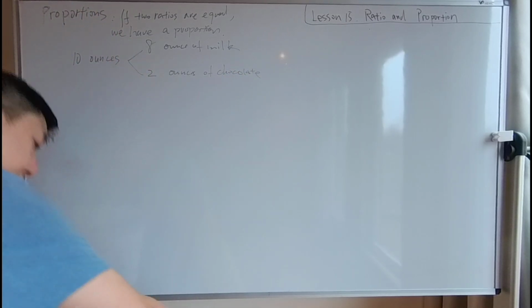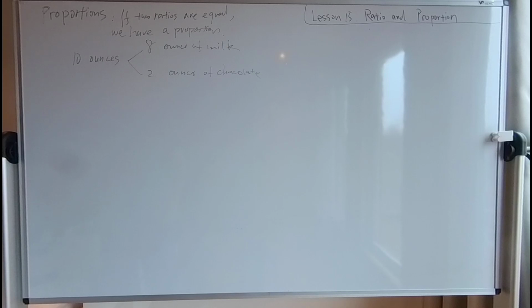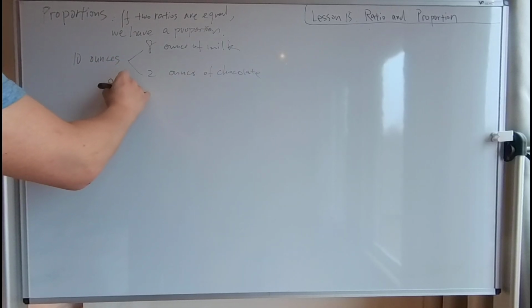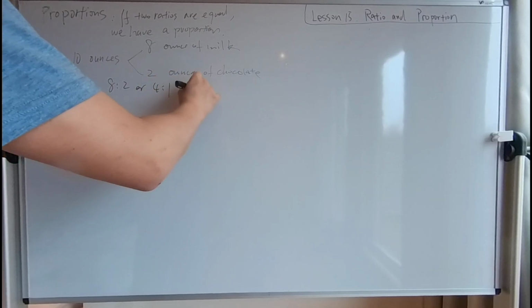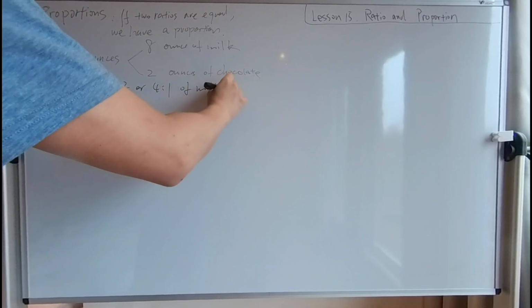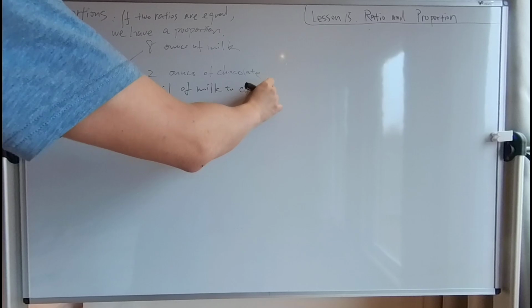Okay. This first gives you a ratio of 8 versus 2, right? Or 4 versus 1 of milk to chocolate, right?